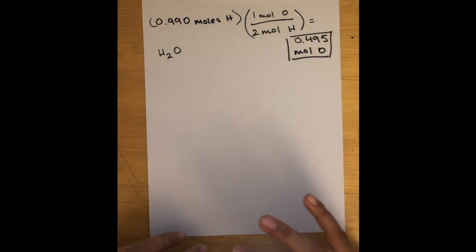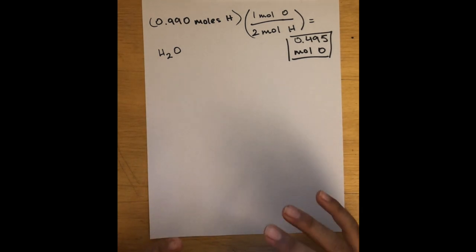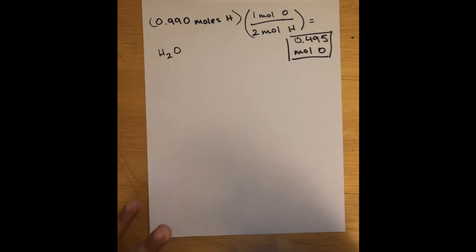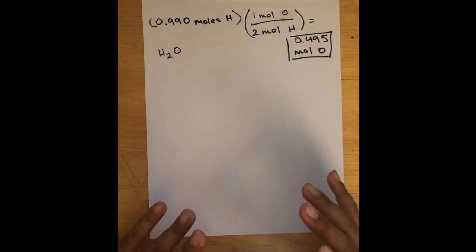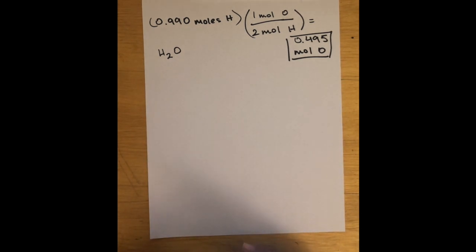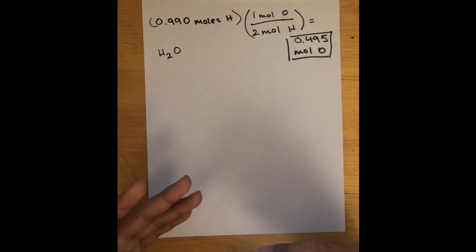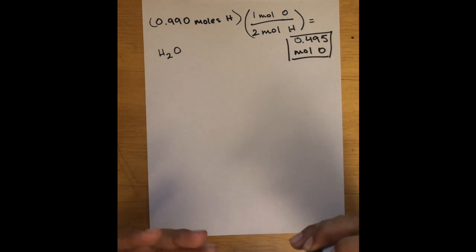So now that we've calculated our moles as 0.495 moles of oxygen to 0.990 moles of hydrogen, we can now use our mole fraction to figure out what the percentage of hydrogen by moles is present in water.